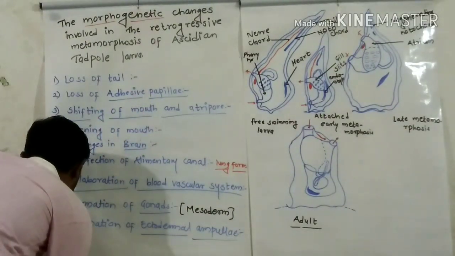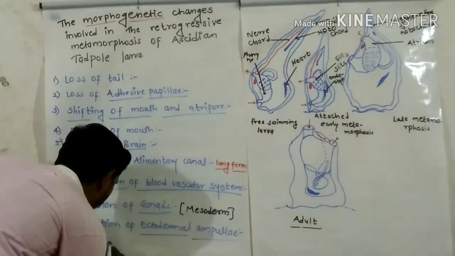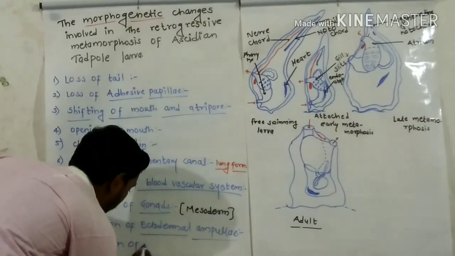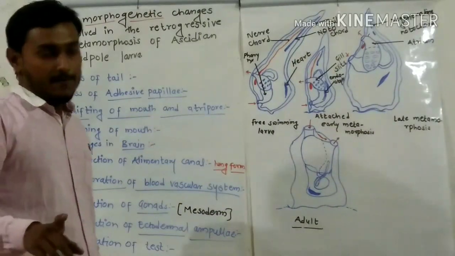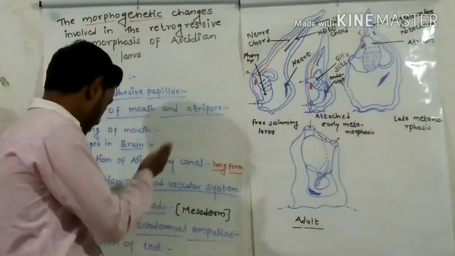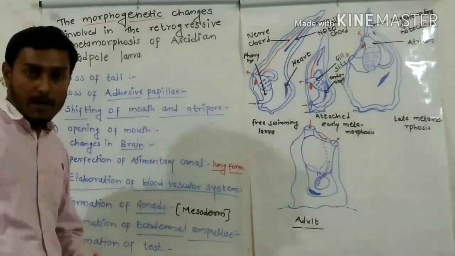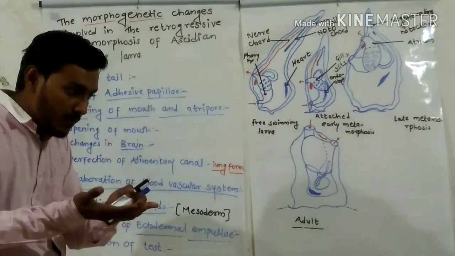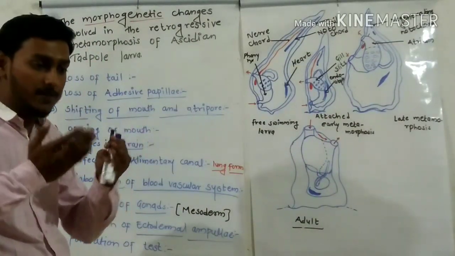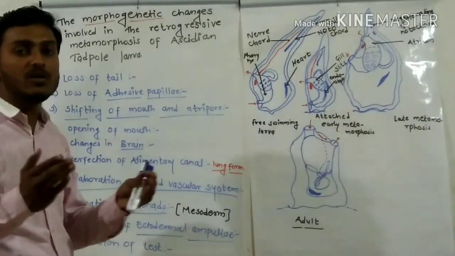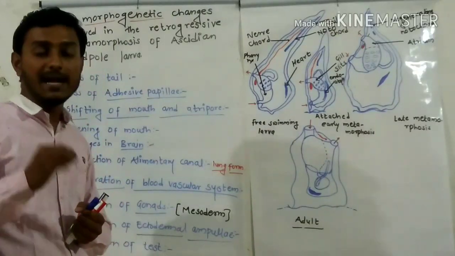Now the last point is the formation of the test. In this last part, this formation of the test. The test was already there, but this test elaborates itself and it forms from all the sides and it enlarges from all the sides and becomes large, thick and translucent.